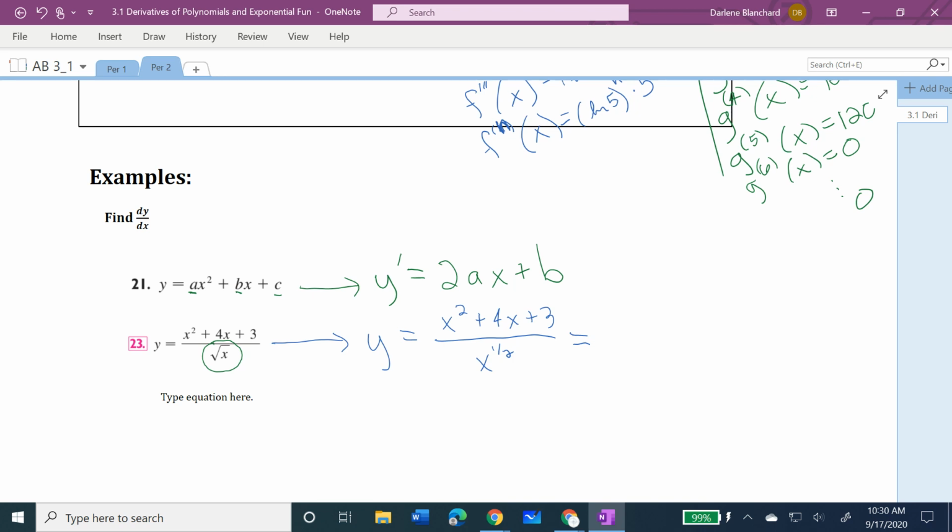Anyway, so now continue and distribute the division. So what is x squared divided by x to the 1/2? What is the power when x squared is divided by x to the 1/2? It is x to the 3/2 power. Plus constant multiple 4 times x divided by x to the 1/2 means this is going to be 4x to the 1 minus 1/2, right?